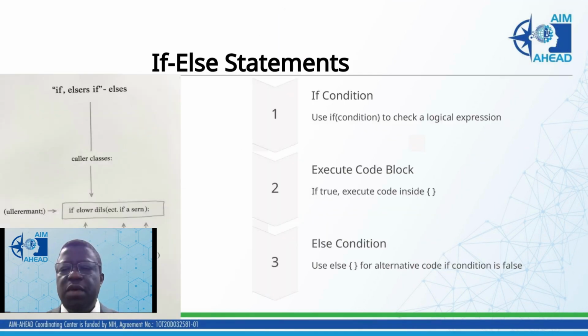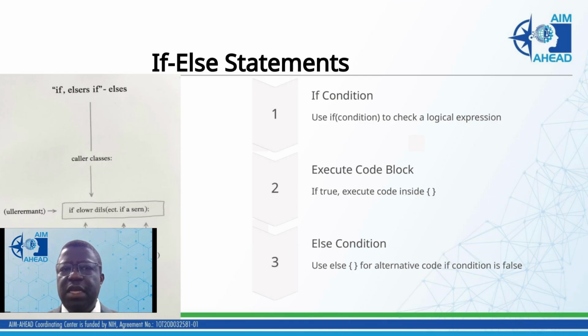In this session, we will delve into the fundamental components of if-else statements in R, a key feature for decision-making in programming. Key components. 1. If condition. This evaluates a logical expression to determine if it is true.